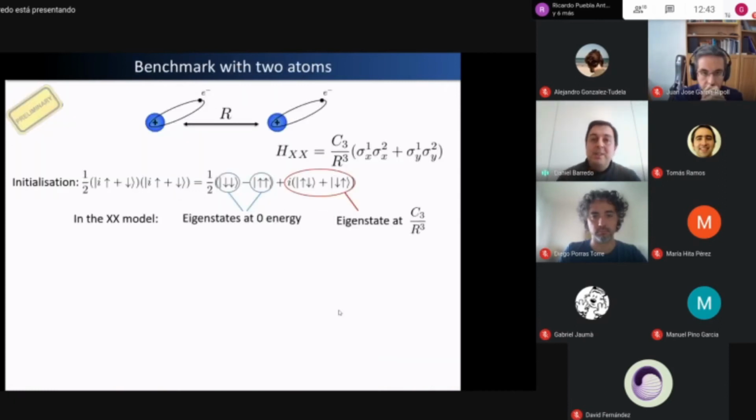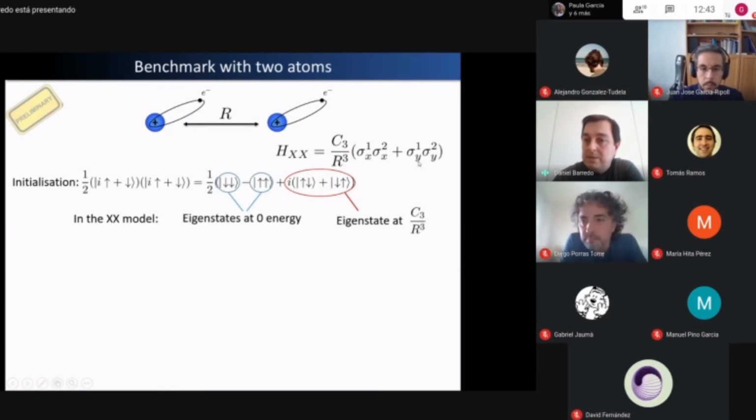Just to demonstrate as a proof of principle how it works for 2 atoms, what we are going to do first is prepare the 2 atoms along y. To prepare that, we do a pi/2 rotation along x, and then when you expand your state, you realize that you have 3 terms. The first 2 terms are eigenstates at 0 energy, and the third term is an eigenstate at energy 3/R^3.